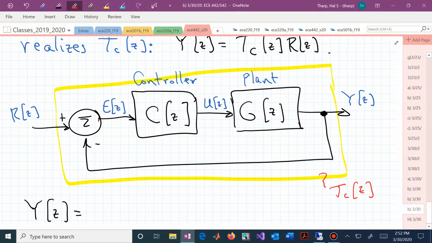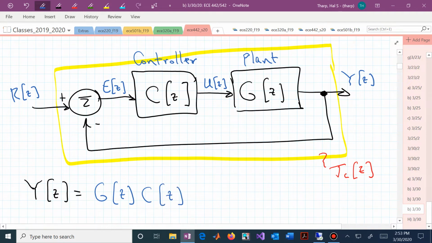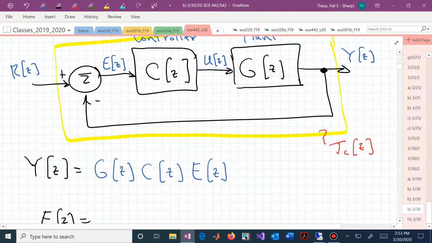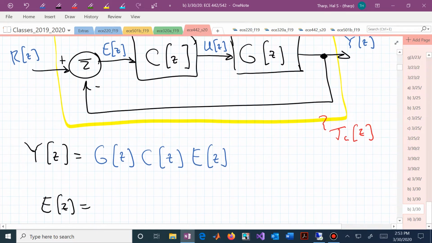Let's remind ourselves of the transfer function expression between r and y in terms of the plant transfer function g and the controller transfer function c. In this case, y of z is g of z, c of z times e of z. E of z is the error signal.